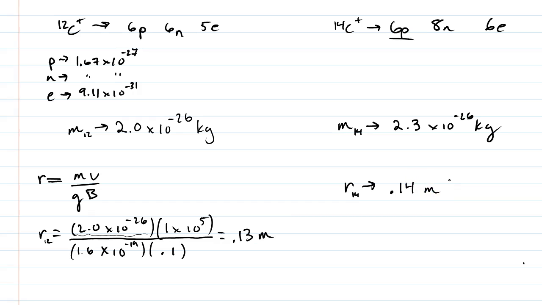So if you were to run this experiment to separate out the isotopes, you would have a difference of about 0.01 meters, or about 1 centimeter. So you'd be able to collect 14 in one area and 12 in another. You'd be able to separate them out and tell them pretty clearly apart.